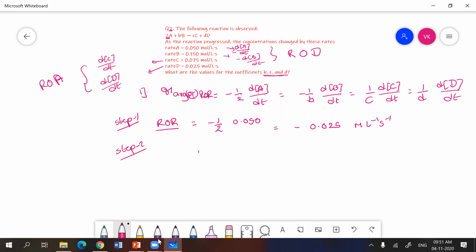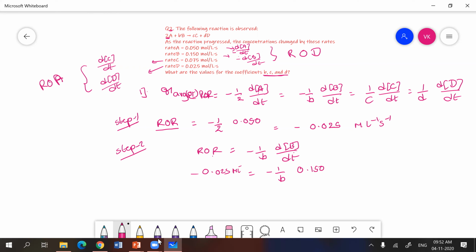What do I have to take to find the B value? Rate of reaction should be equated to this: minus 1 over B, change in concentration of B with time. I know this value, I know this value. Substitute: rate of reaction is 0.025, that equals minus 1 over B, times this value, which is 0.150.